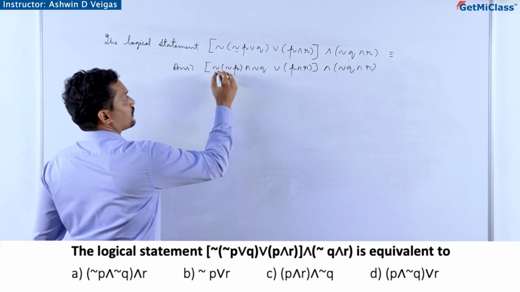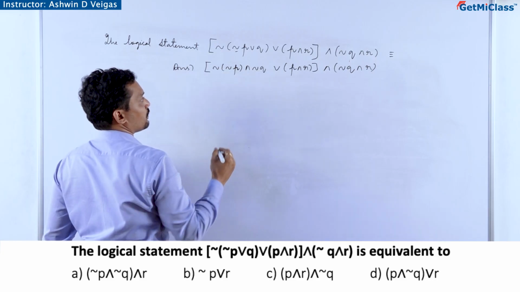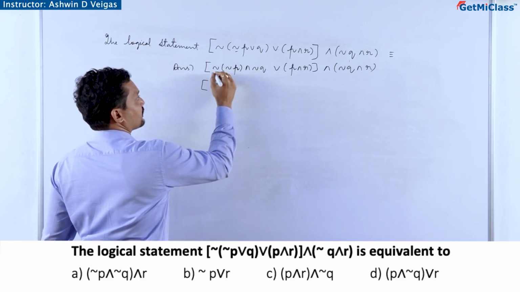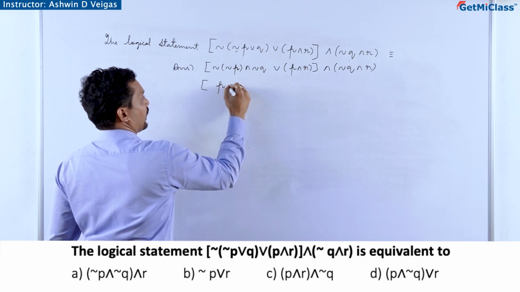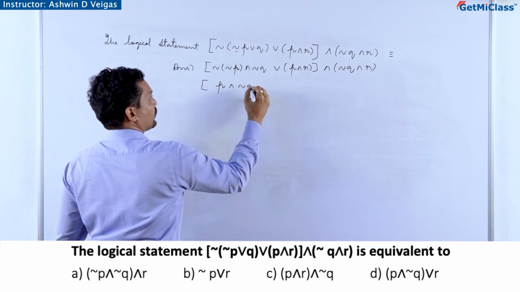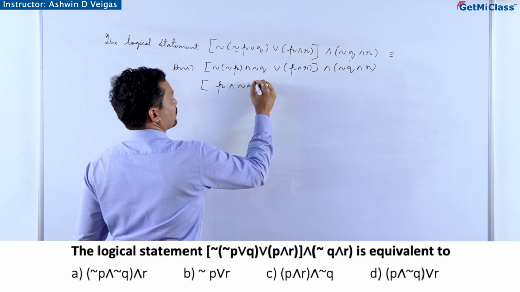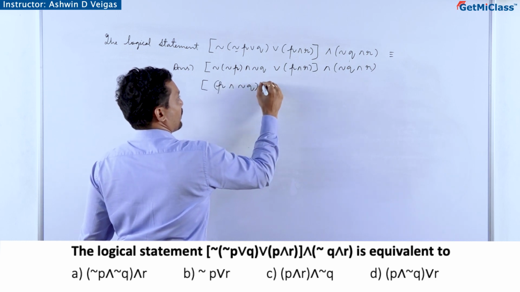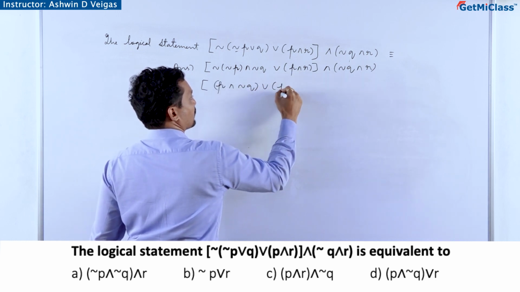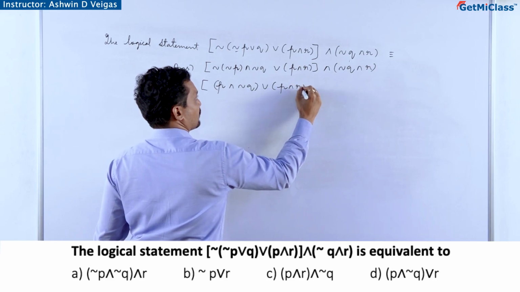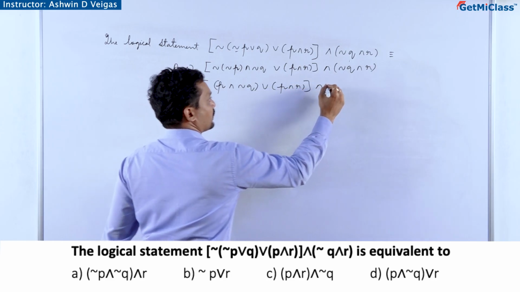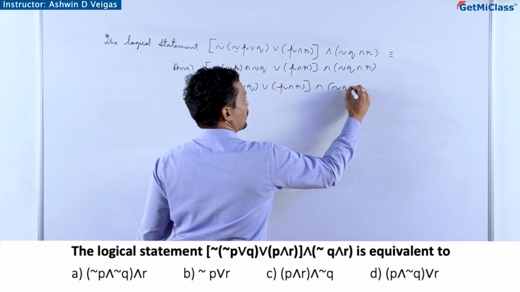Okay, now this negation of P becomes P. So, therefore, this is P and negation of Q, or P and R, and this is negation of Q and R.